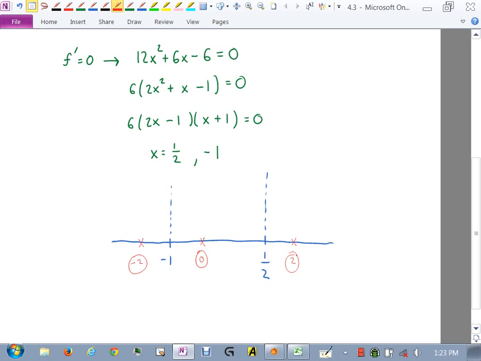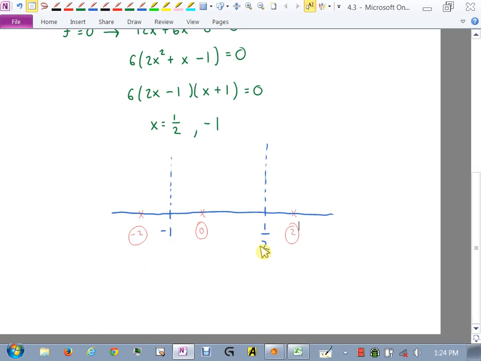How about 2? I'm going to take those 3 test points and plug them into the derivative, because I want to know what the sign of the derivative is, right? I'm not plugging them back into the original function, I'm plugging them into the derivative. So below this, let's figure out what f prime of -2 is.